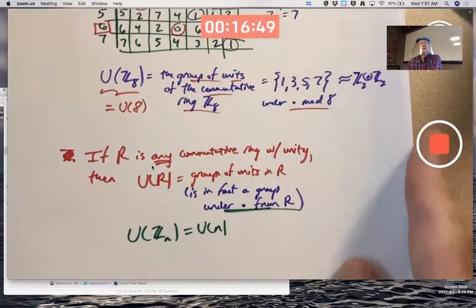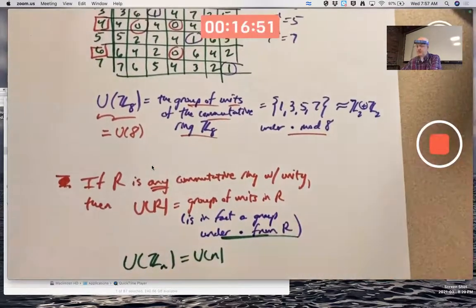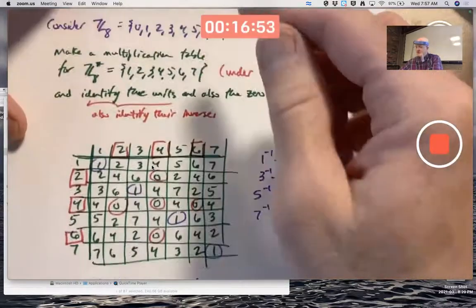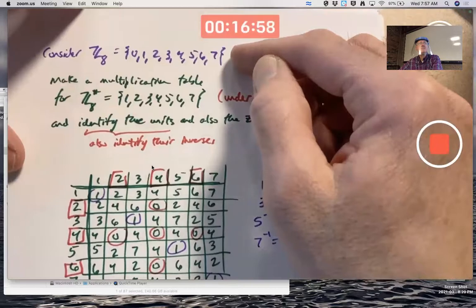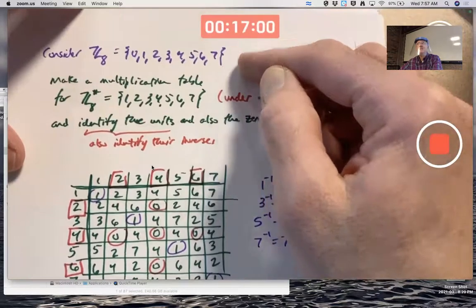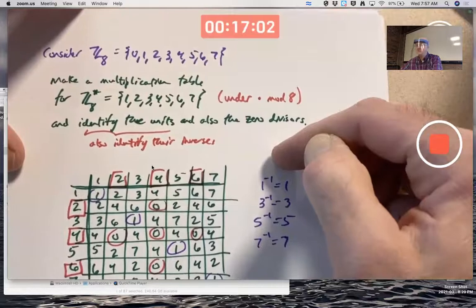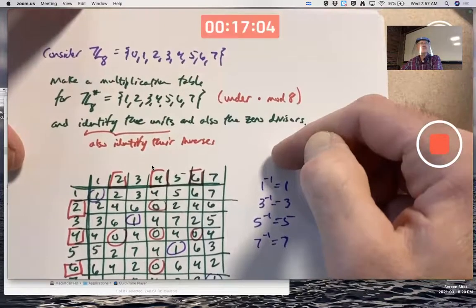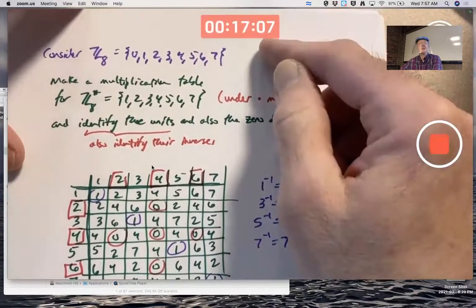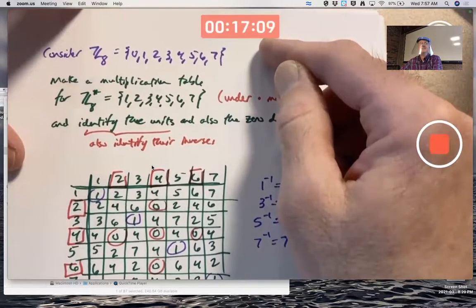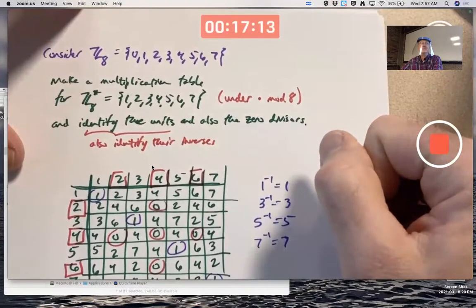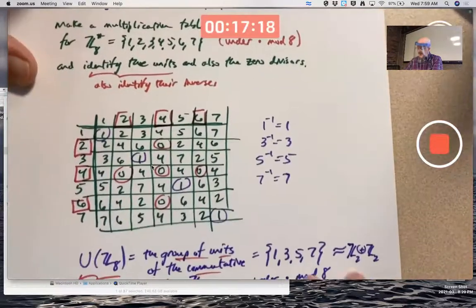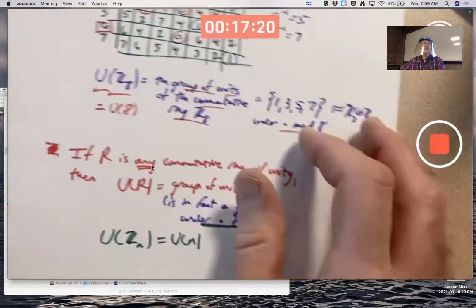The most important kinds of rings for us, well, maybe we should mention a couple other questions. Is Z8 a field? No, it's not. 2, 4, and 6 are not units. Is Z8 an integral domain? No, it's not. It's got zero divisors. In fact, Zn is an integral domain if and only if n is prime.